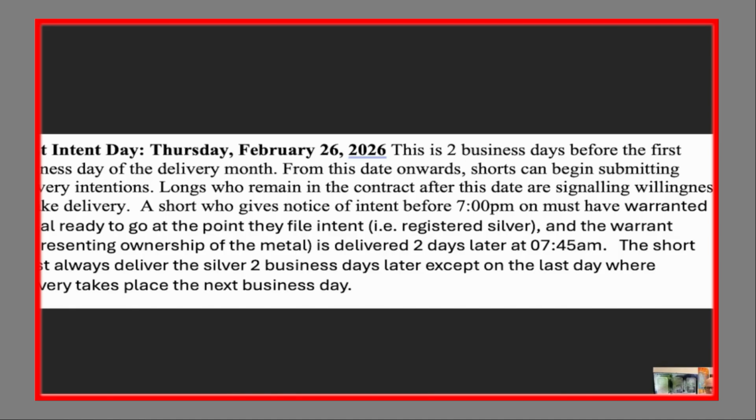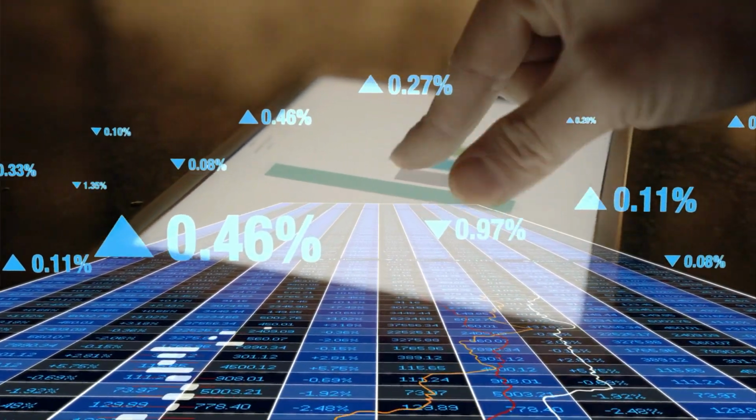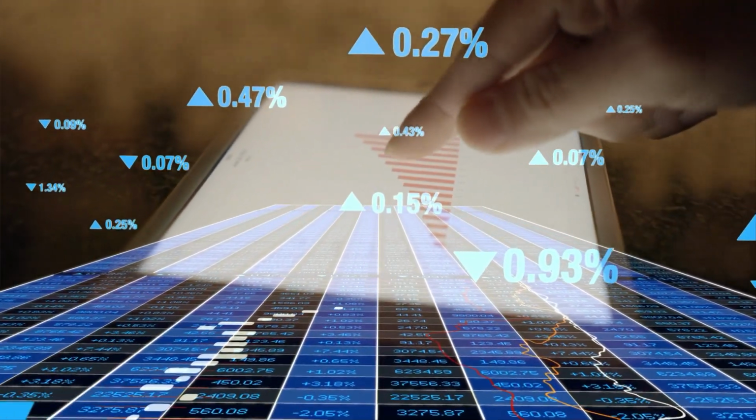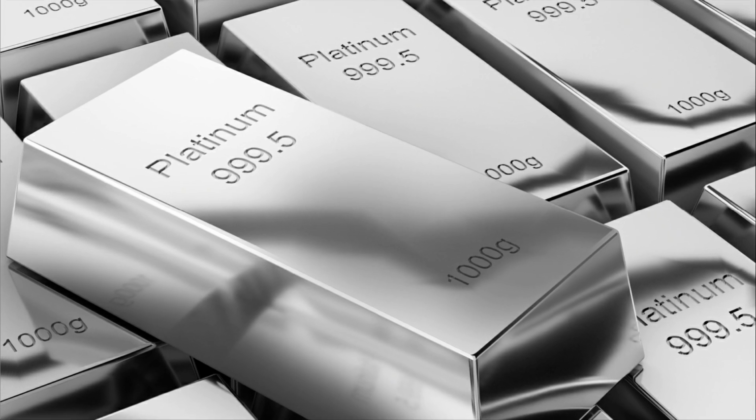But let's assume that they do want to deliver on the 26th of February. That means they give notice of that intention. The next day, the CME issues invoices, and the working day after, which in this case would be the 2nd of March, that's the second business day, then the silver gets delivered.